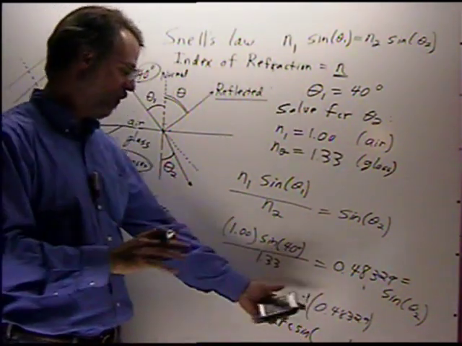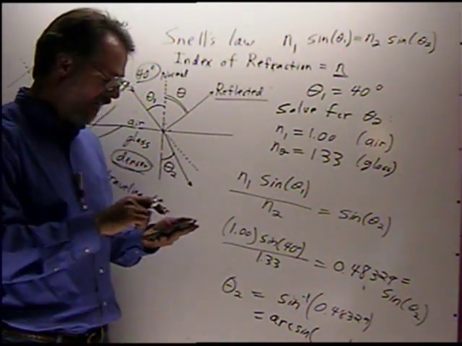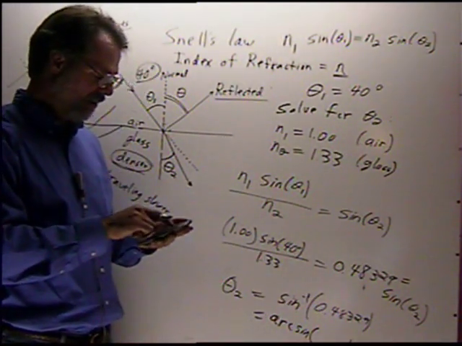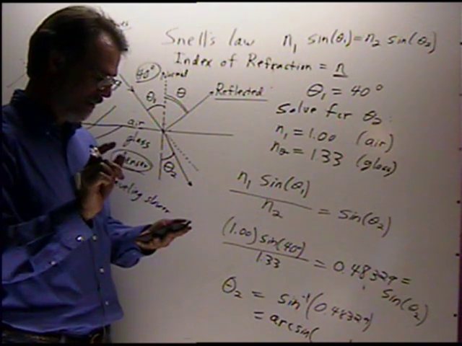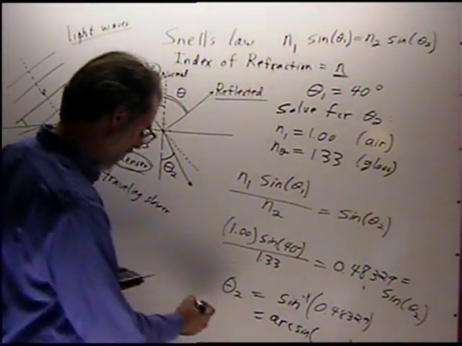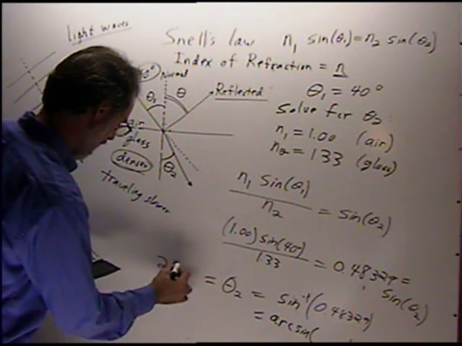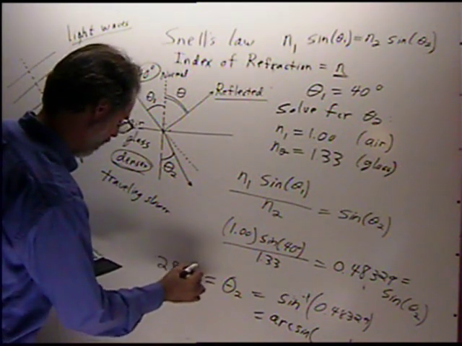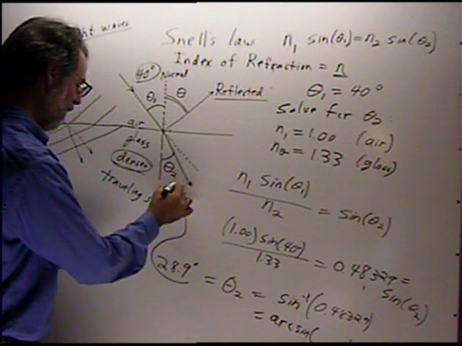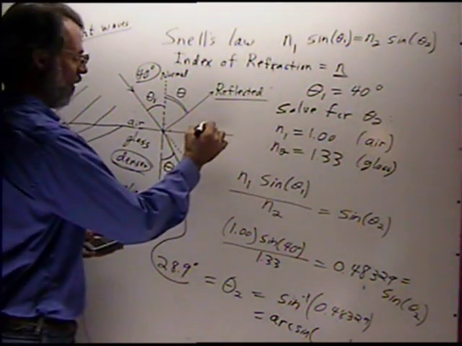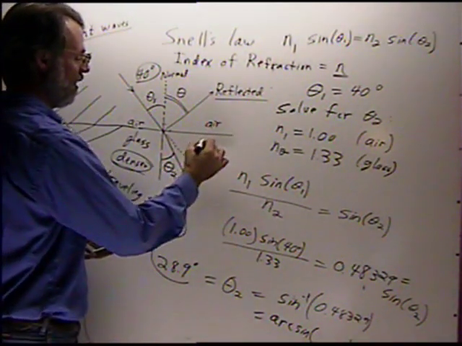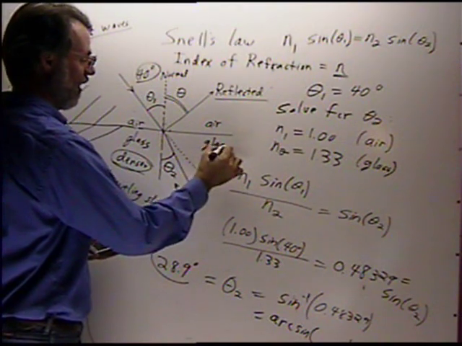With that number in your calculator, I simply push arc sine, and I get theta 2 equal to 28.9 degrees.